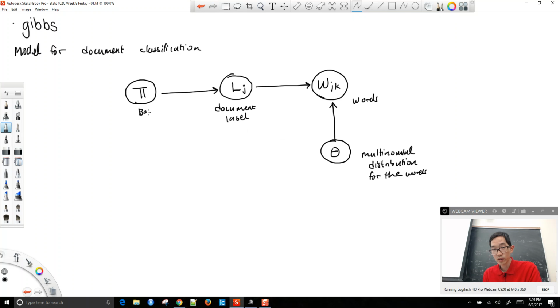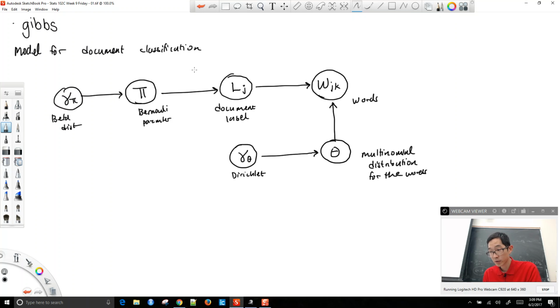This is Bernoulli with parameter theta. And this Bernoulli parameter itself comes from a beta distribution with hyperparameter gamma. And then the theta distribution over here comes from a Dirichlet distribution with hyperparameter gamma.